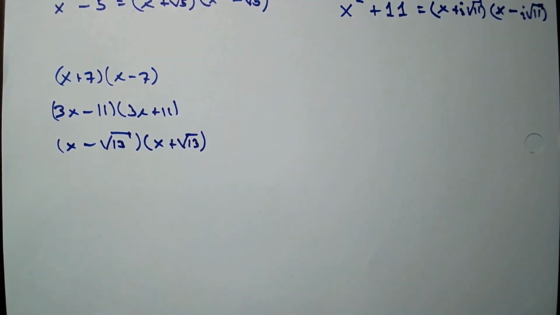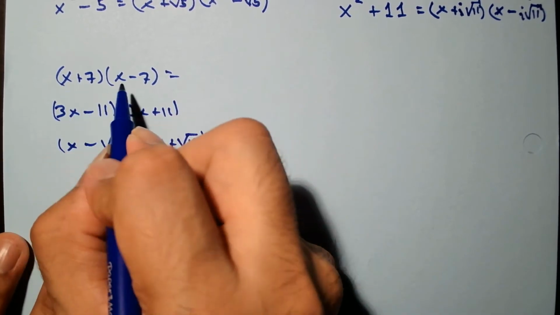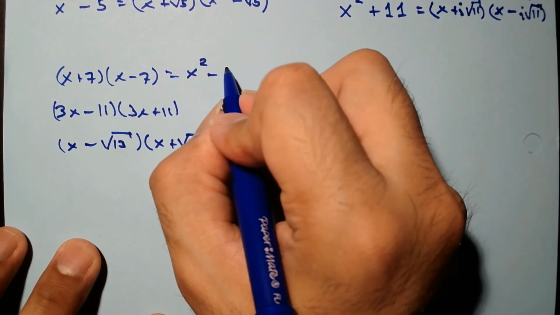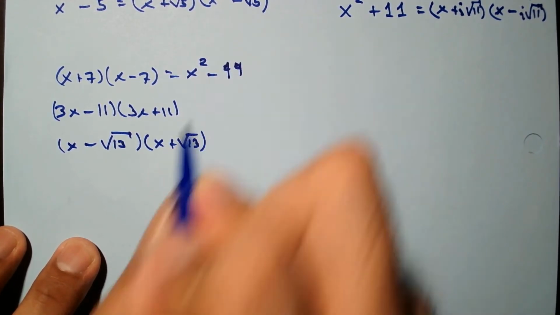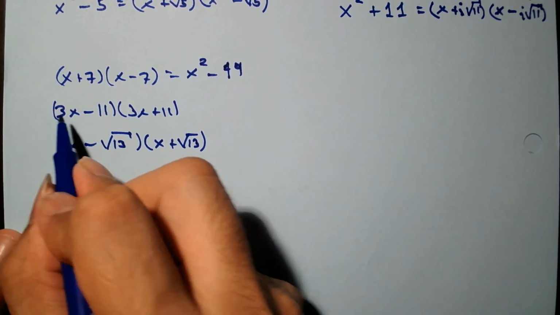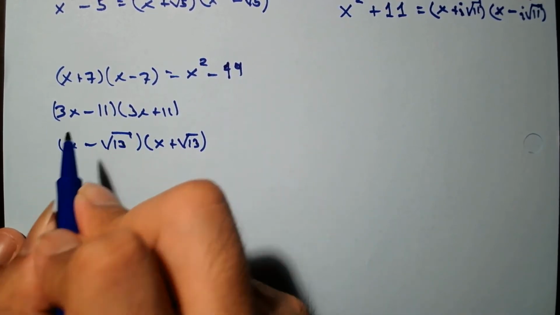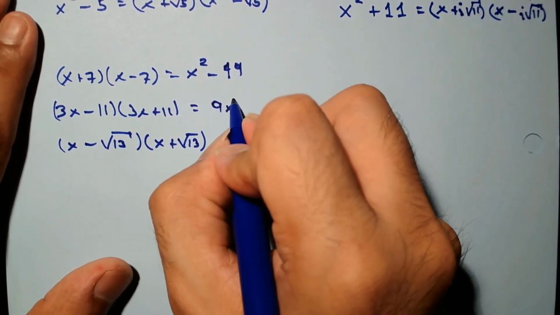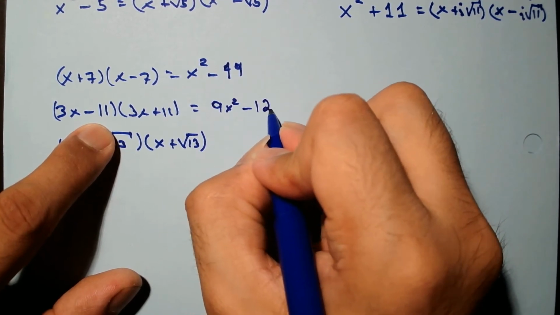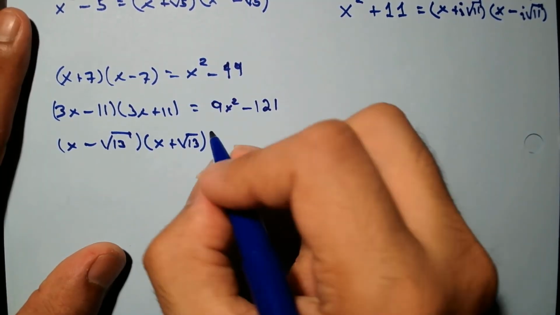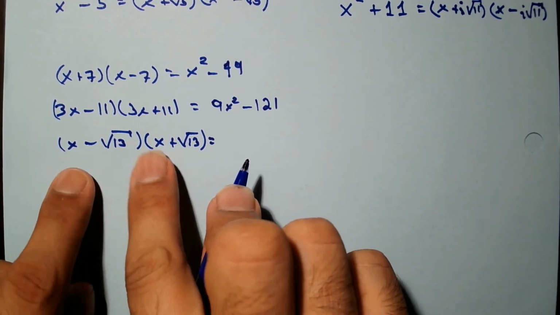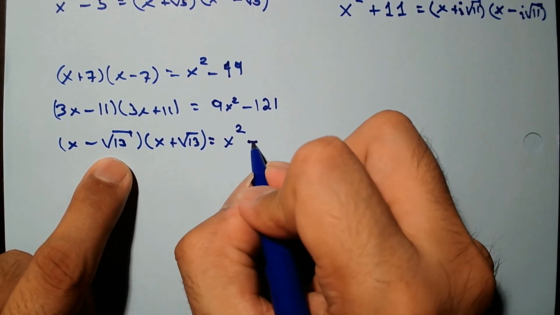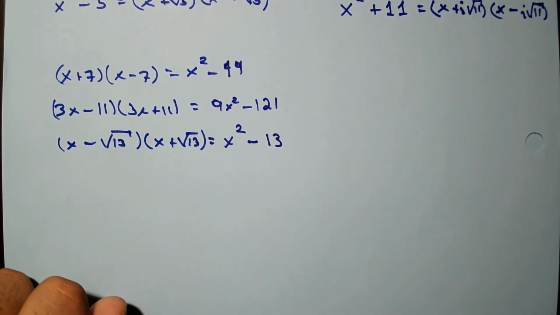In this case, all we do is the square of the first term minus the square of the second term, which in this case is 49. The square of the first term on each binomial is 3x, so the square of 3x is 9x squared, and the square of 11 is 121. And finally, x squared and the square of the square root of 13, which is just 13.